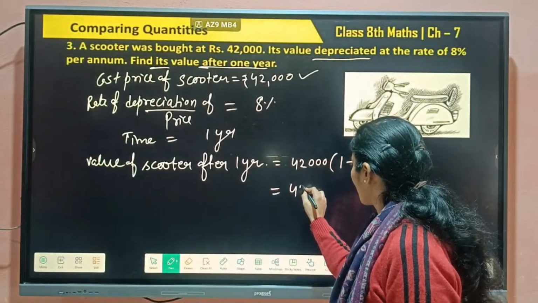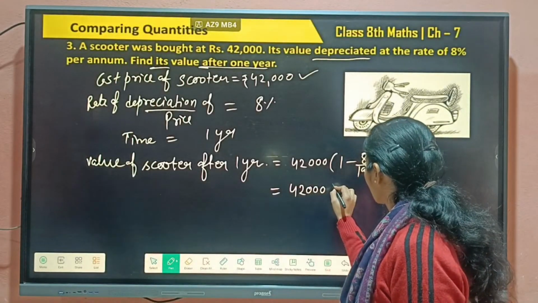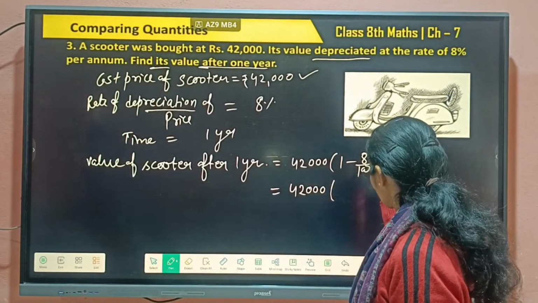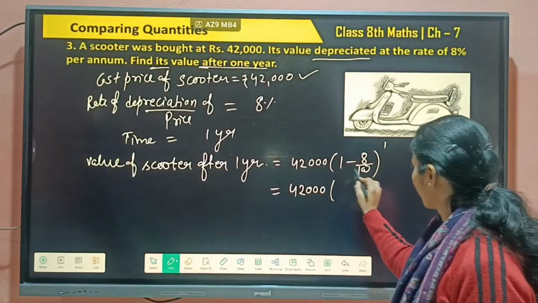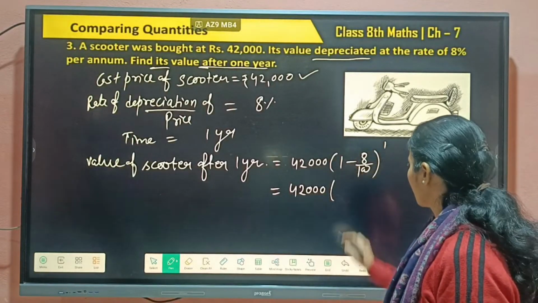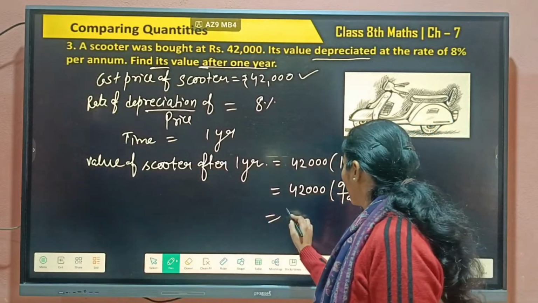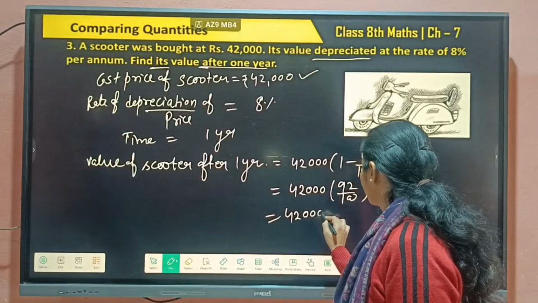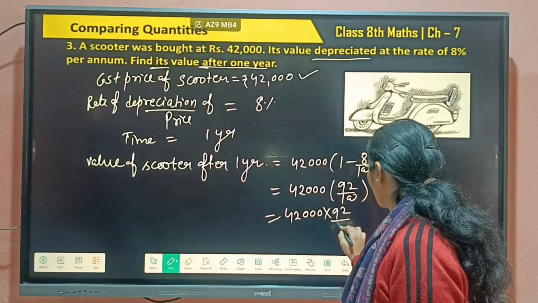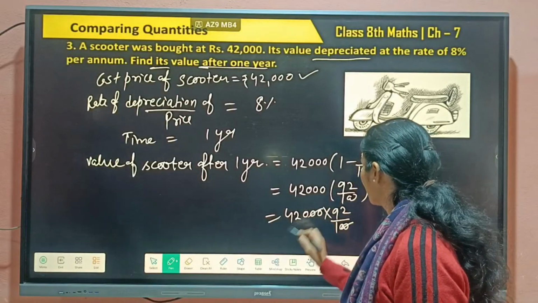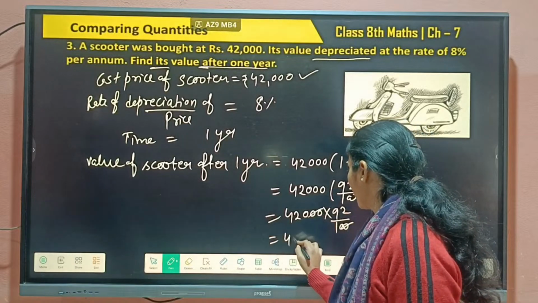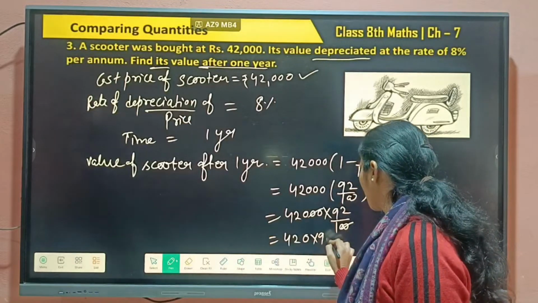Then it will be 42,000 into, you can simplify 100 minus 8, it will be 92 by 100. 42,000 into 92 by 100. These 00 will be cancelled. 420 into 92.